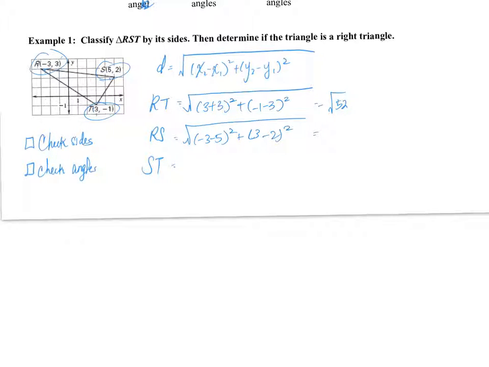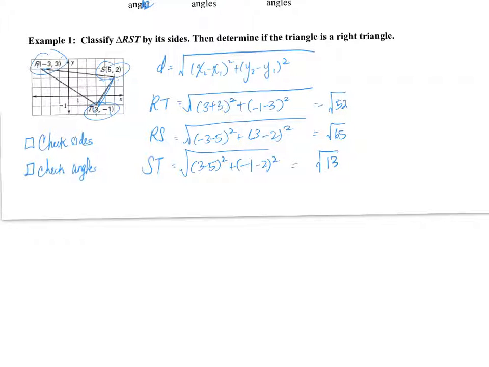And then we have the square root of 65. And then we want to find out the distance between S and T. So I'm going to take 3 minus 5 squared and negative 1 minus 2 squared. And then we get the square root of 13.